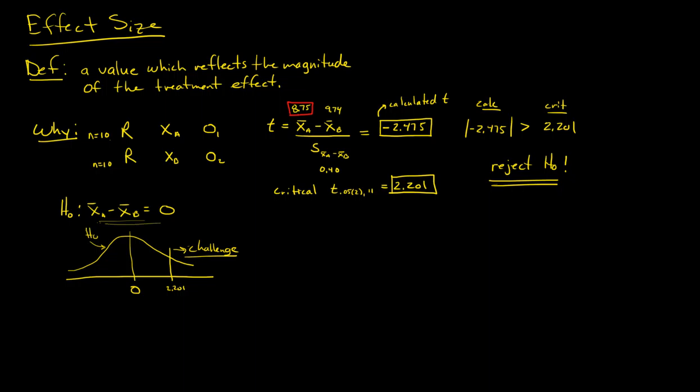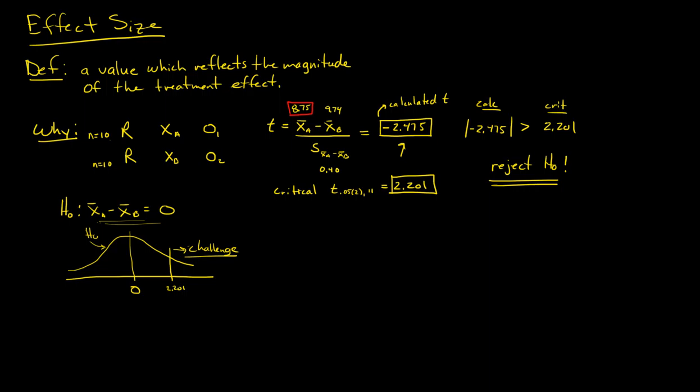So drug A decreased clotting time more than B, and it was statistically different from a mean difference of 0, because the absolute value of negative 2.475 was past this challenge line.